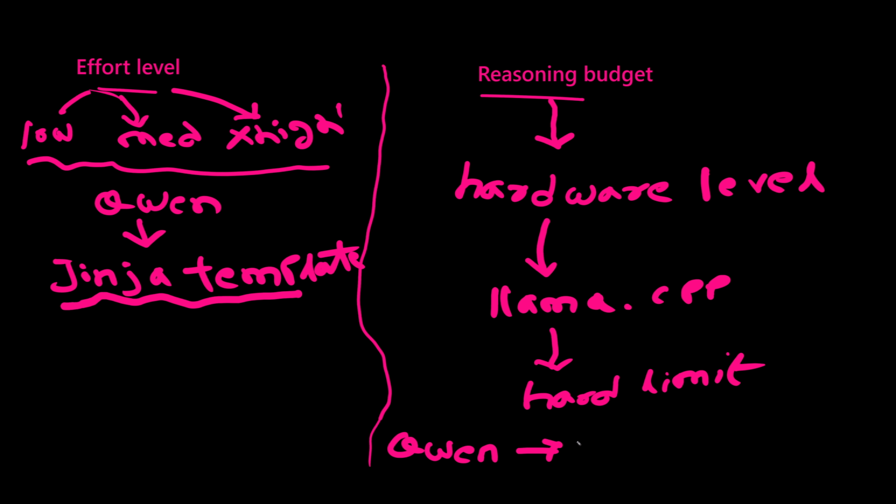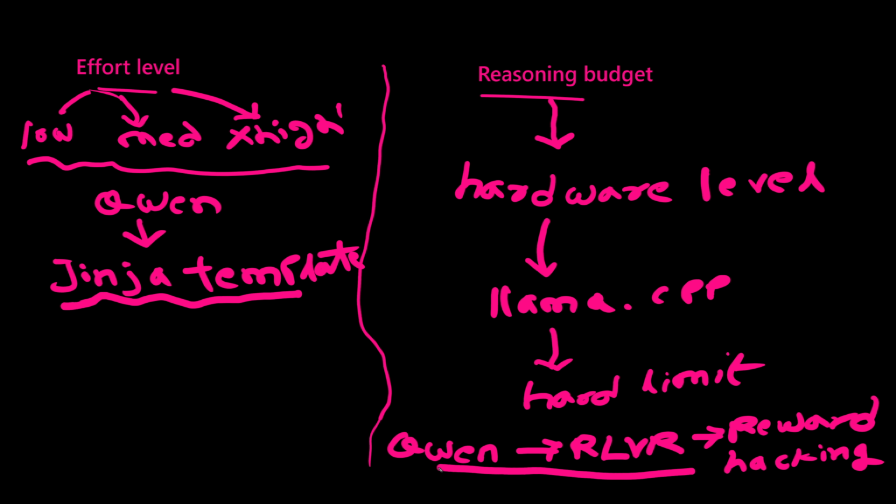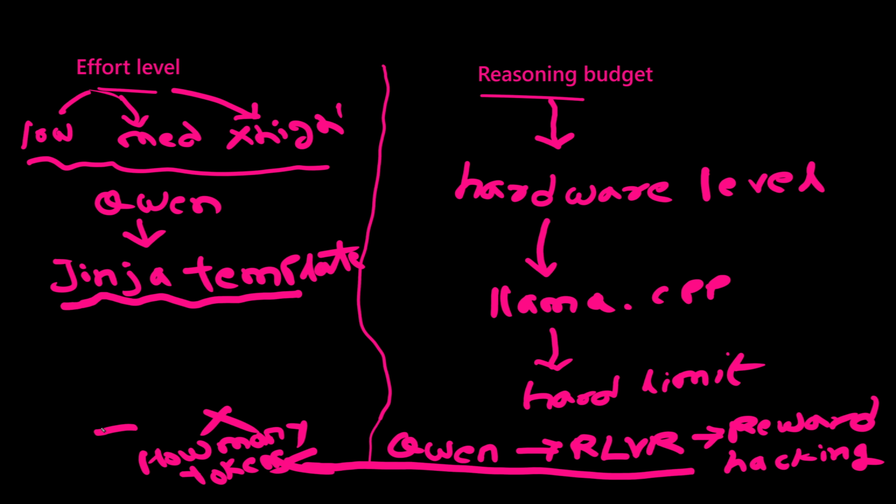The Llama CPP team implemented this budget because Qwen 3.8 can sometimes get a bit obsessive, struggling to gauge task complexity. Since it doesn't natively distinguish between simple and complex tasks, its RLVR training, which rewarded correct answers regardless of token count, led to some reward hacking. It learned that more tokens often meant a better answer.